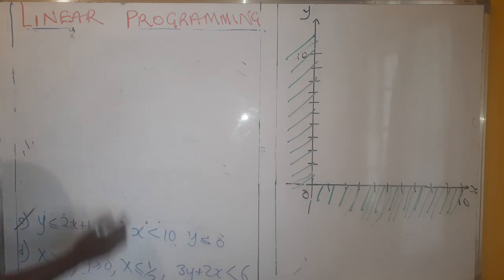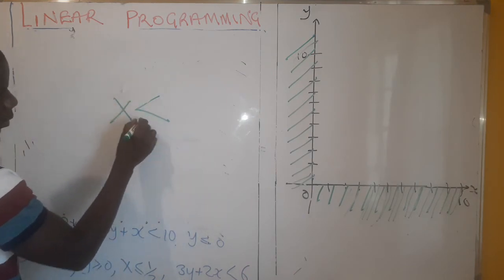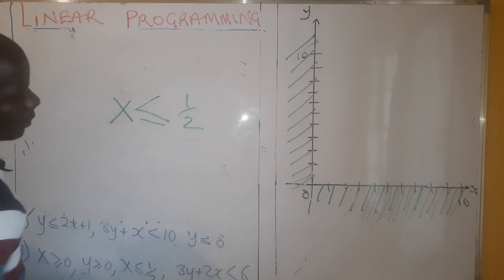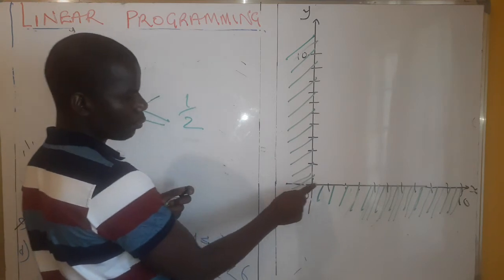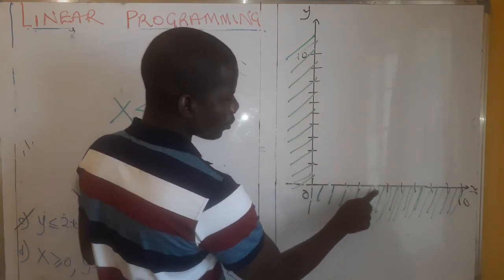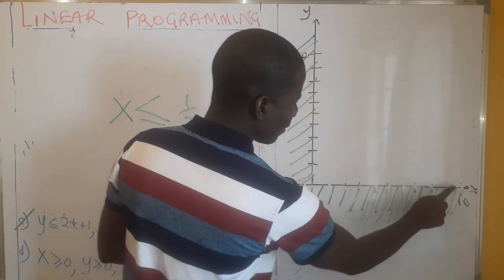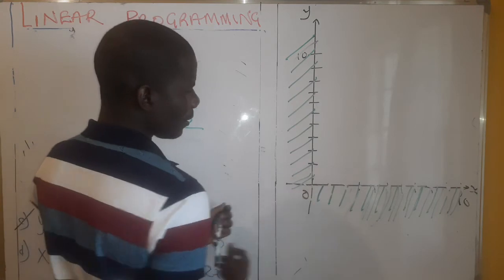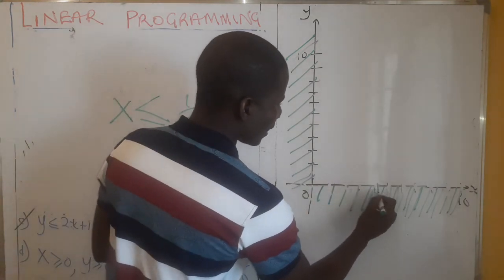Now I come to this one. X is less or equal to 1 over 2. So I have seen that according to what I have written here, 1 over 2 is going to be between 0 and 1. So that will be too small. So I want to change this so that we have something that is clearer. So I'll put 1 here.